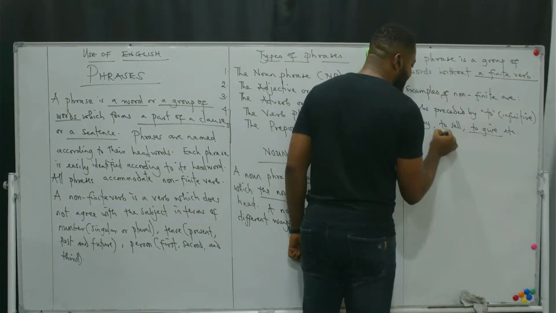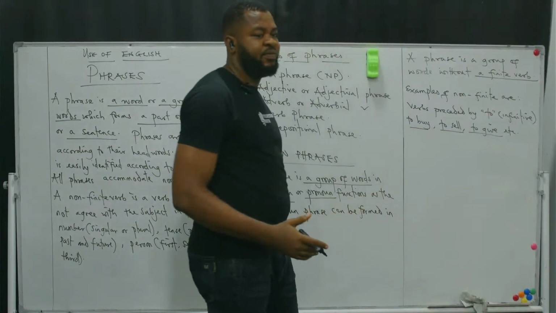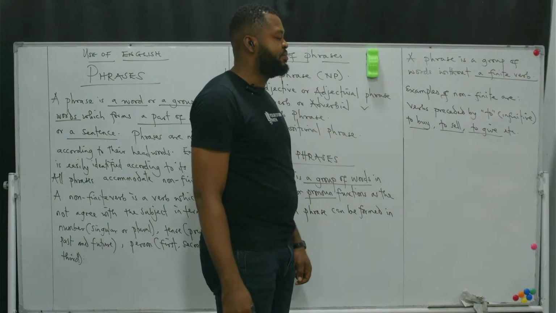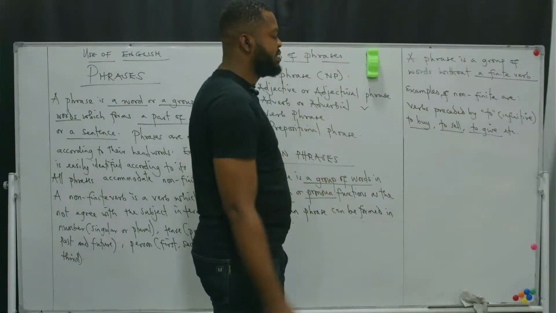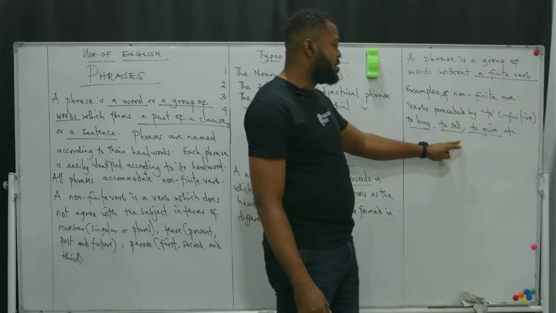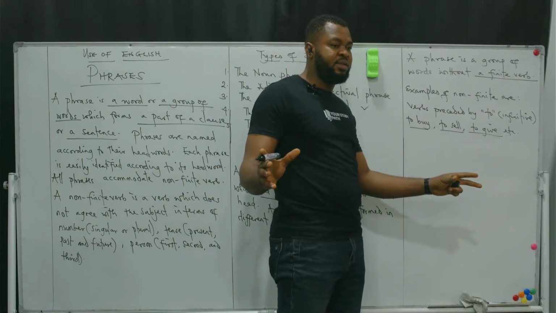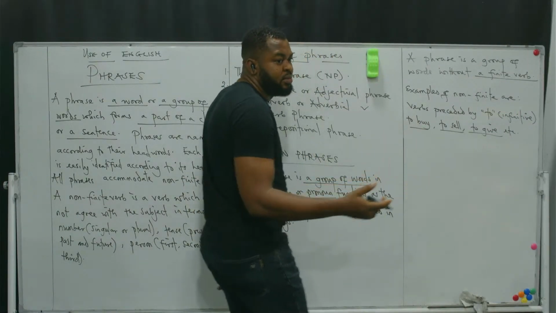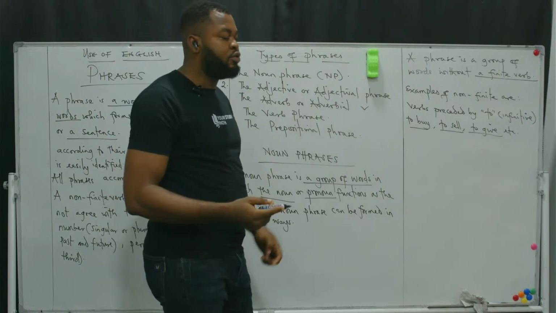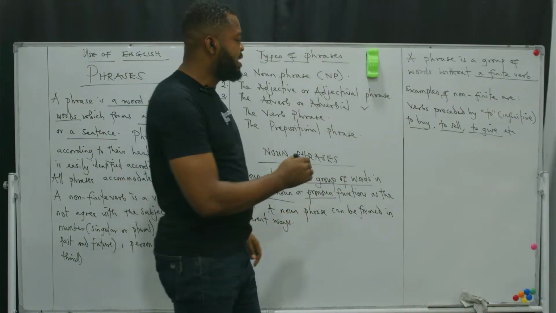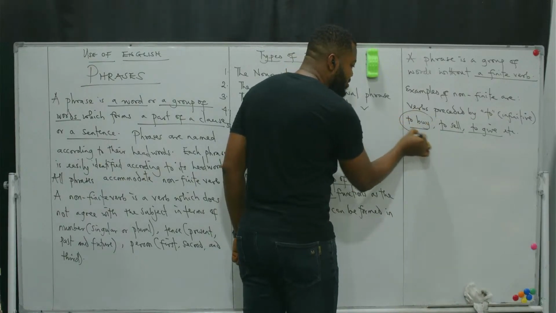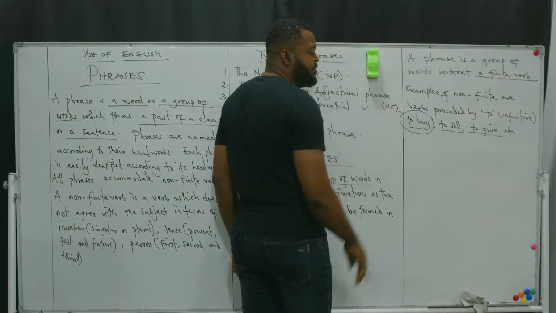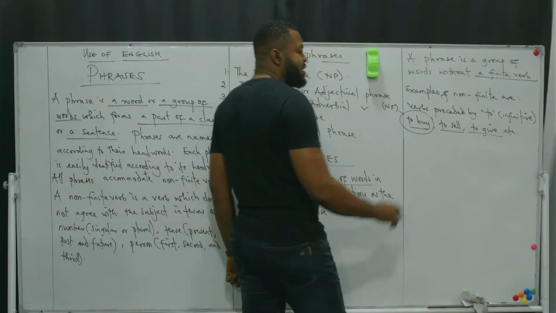So these are examples of to infinitive. When verbs are preceded by to, they are called non-finite verbs. You can elaborate them in sentences. For example, I went to the market to buy an iPhone, or to buy a marker, or to buy anything at all. So that to buy is called a non-finite (NF) verb.